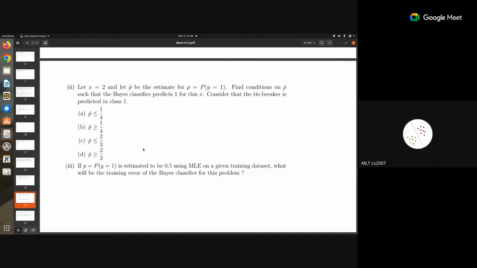I don't know. I'm not sure whether this is the true thing or not. If I think about the training error, it should be the number of classes misclassified using the naive Bayes classifier.